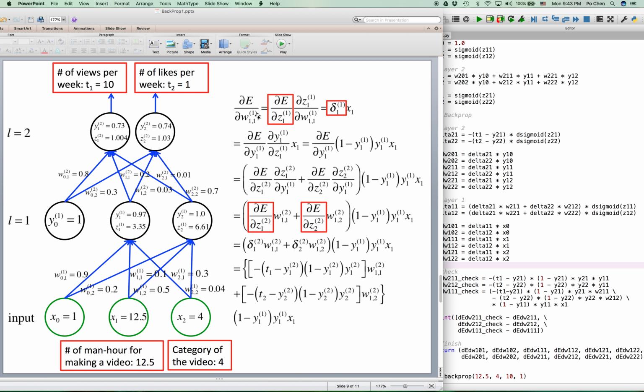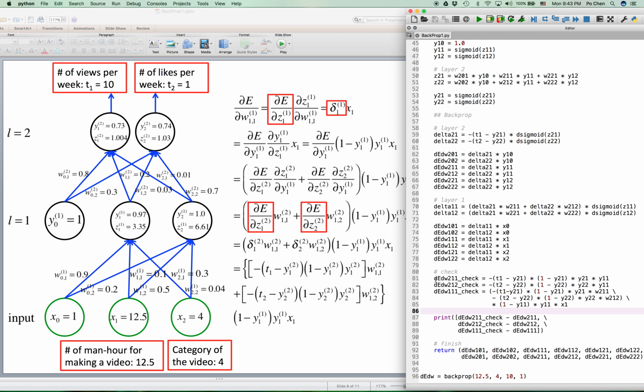And then dE over dW 1 1 1, whose expression is this very long expression. So we can compute these 3 derivatives using the analytic expressions we obtained, and use them to check the correctness of our backpropagation algorithm.